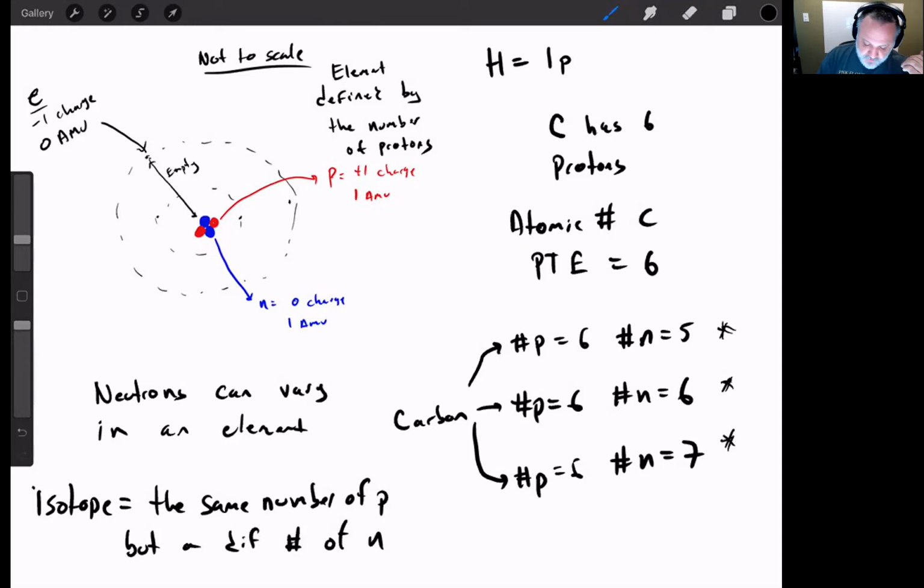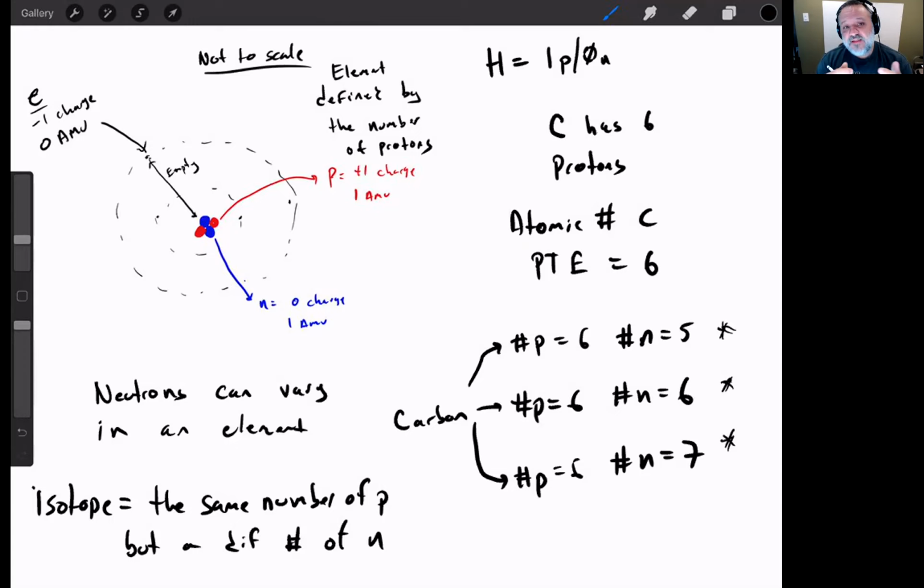With the 1 proton, we can have 0 neutrons, or we can have 1 neutron, or we can have 2 neutrons. And so there's 3 flavors, 3 isotopes of hydrogen. But something like phosphorus has like 7 isotopes. And so the number of isotopes does change just based on the atom. But essentially every atom has at least 2 isotopes.